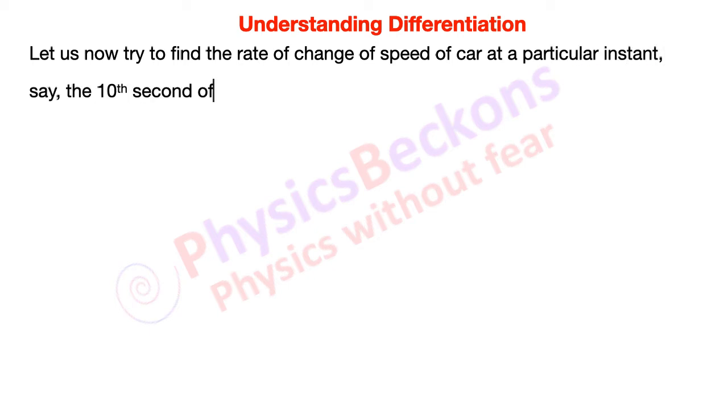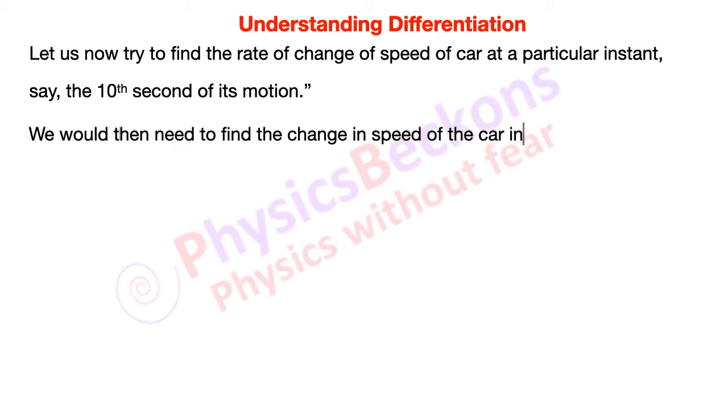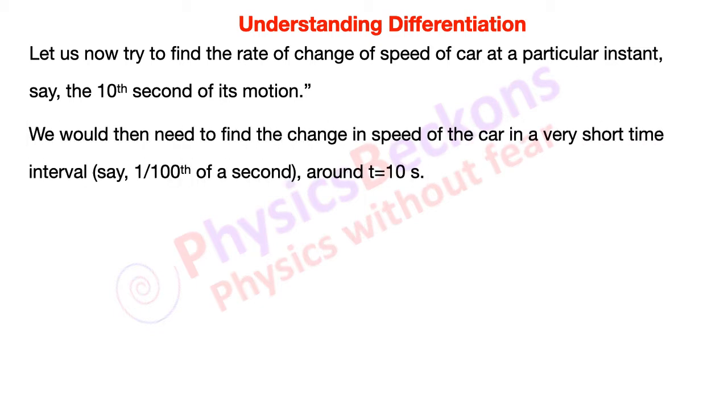Let us now try to find the rate of change of speed of a car at a particular instant, say the 10th second of its motion. It's not 10 seconds, it is at 10th second of the motion. We would then need to find change in speed of the car in a very short time interval.